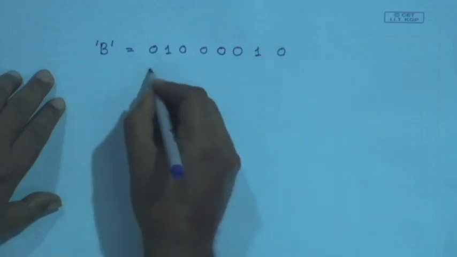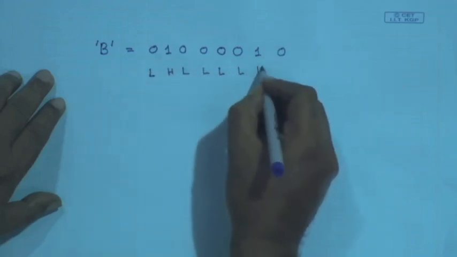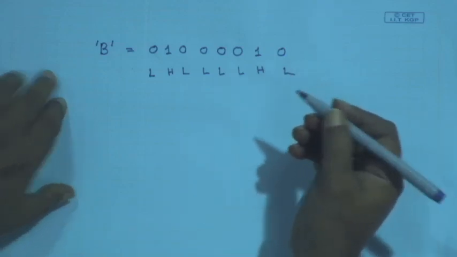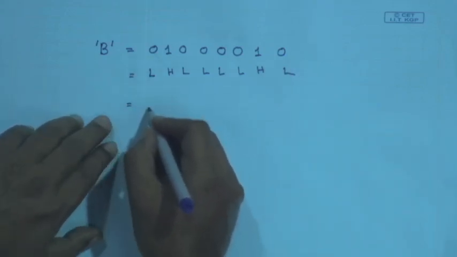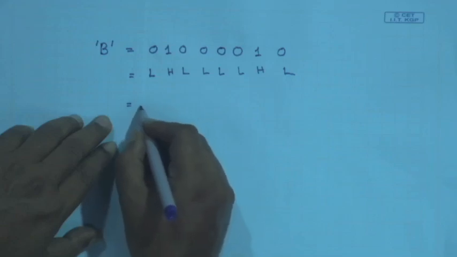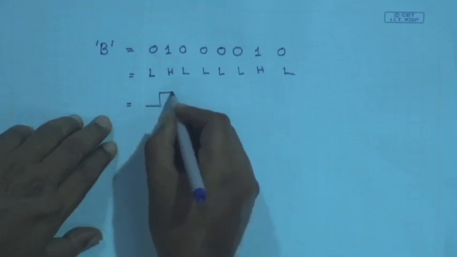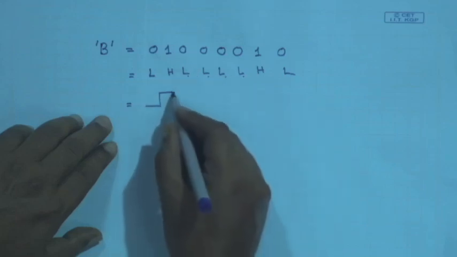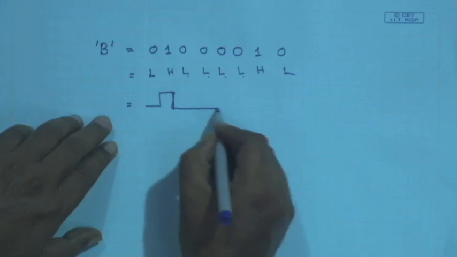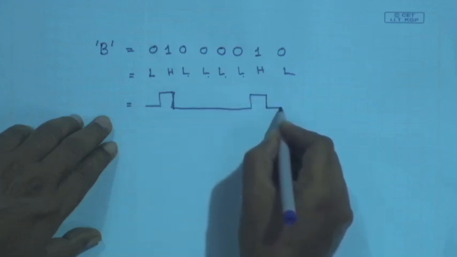So, that will translate to low high low low low low high low like that. Now, therefore, I will have to send some 0 here, then some 1 here, and then 4 zeros here, then 1 high here, and then 1 low here.